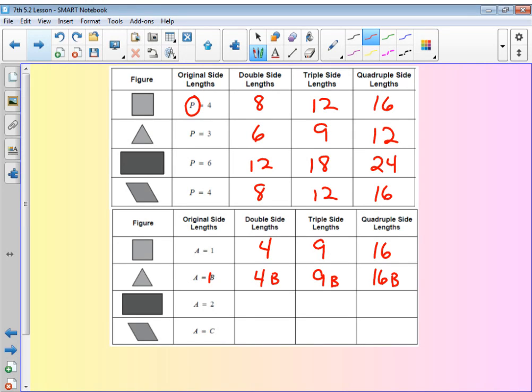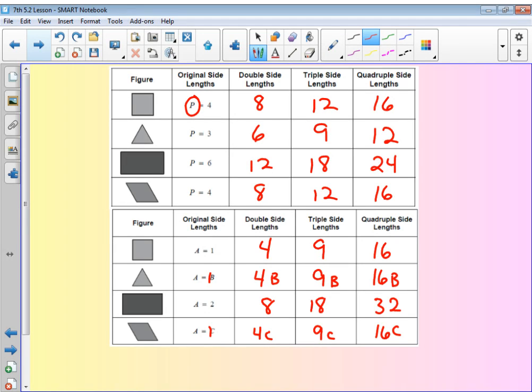For my rectangle, I had 2, 8, 18, and 32. And for my parallelograms, we had 1C, 4C, 9C, and 16C.